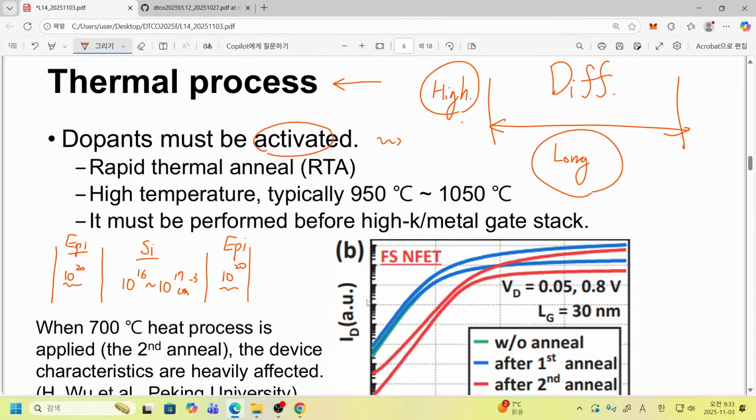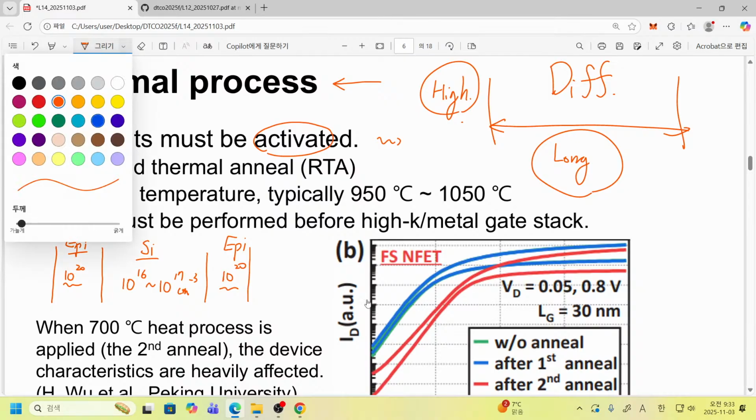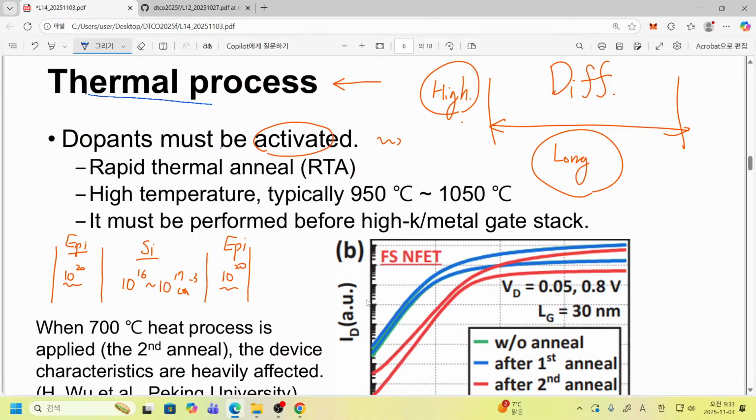So we must apply some heat. But the point is, once we apply some process, they become really active dopants, but at the same time they diffuse into this silicon region, because we have a relatively small density and a relatively high density.